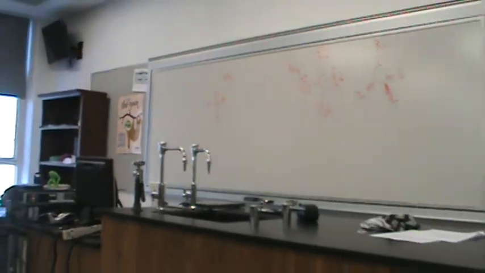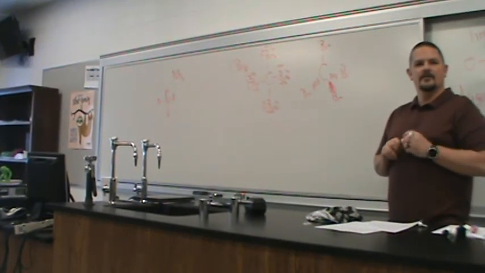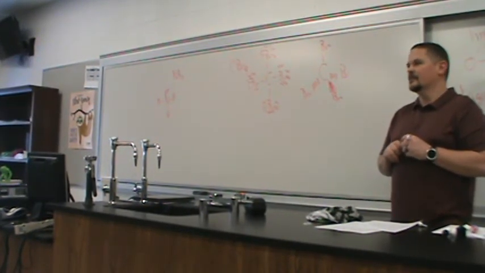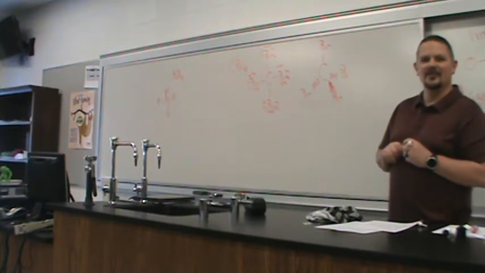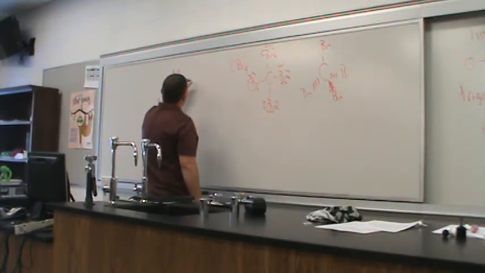So what's the shape that is 1 spot to the right of tetrahedral? Trigonal pyramidal. Close enough.